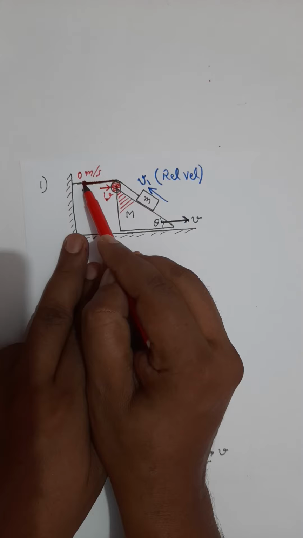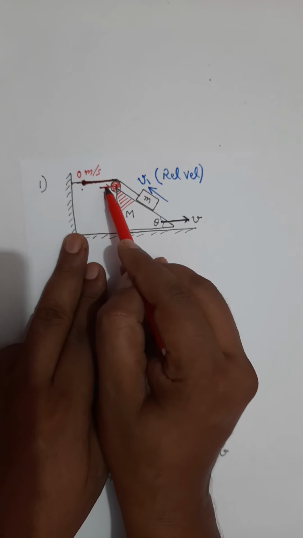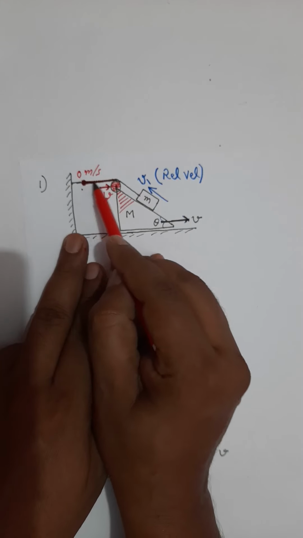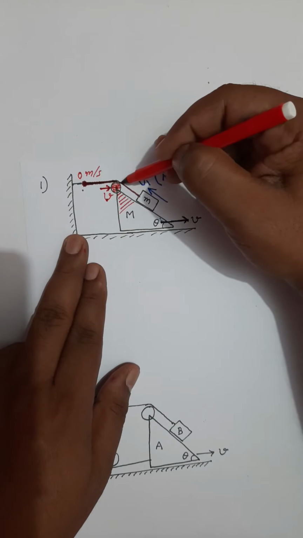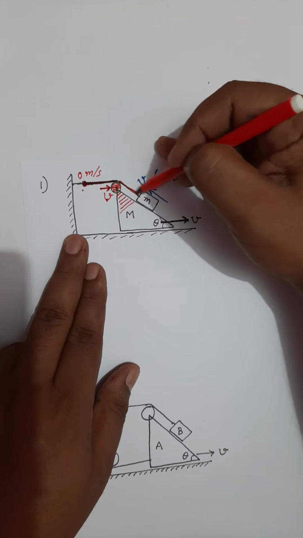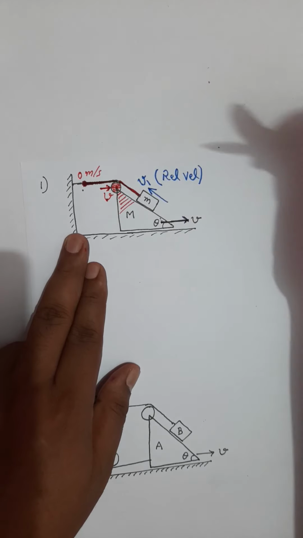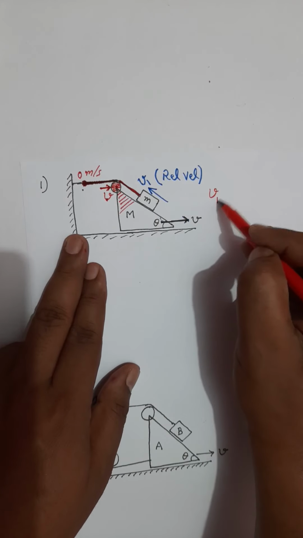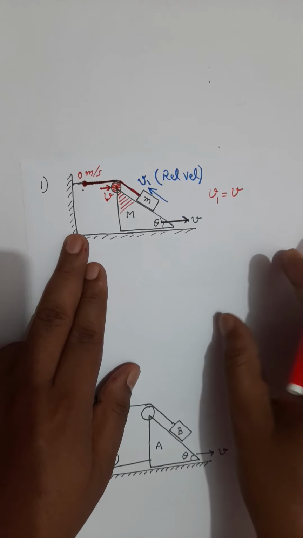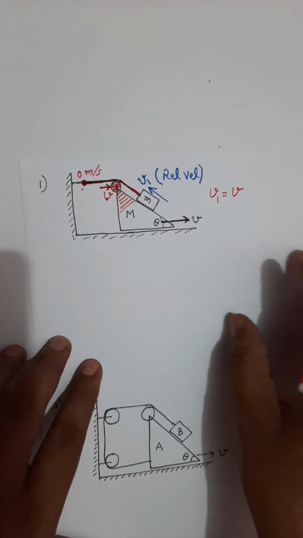So here we have 0 meter per second. This pulley is going forward with V meter per second. So this length will increase at the rate of V meter per second. So this portion of string must decrease in length at the same rate V meter per second, and because of that reason V1 must be V. And this is my constraint equation.